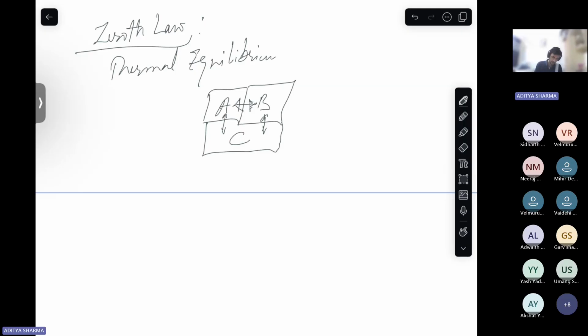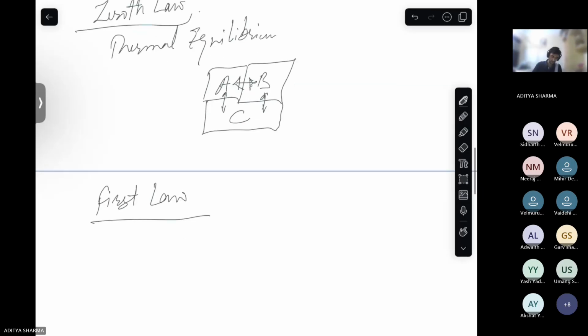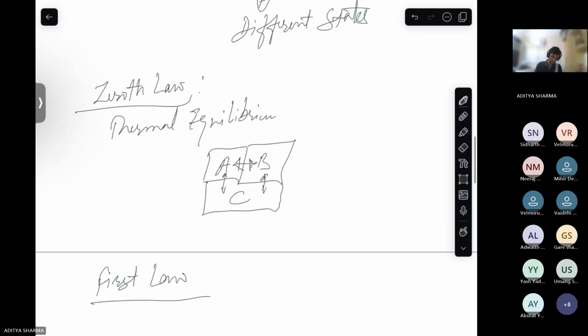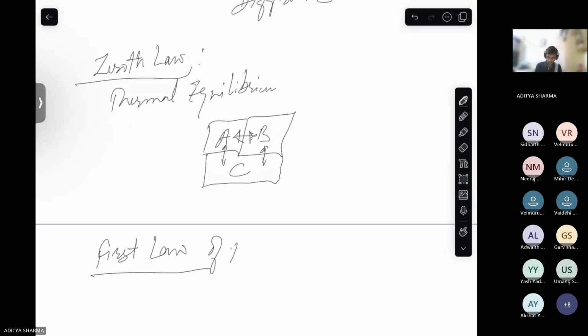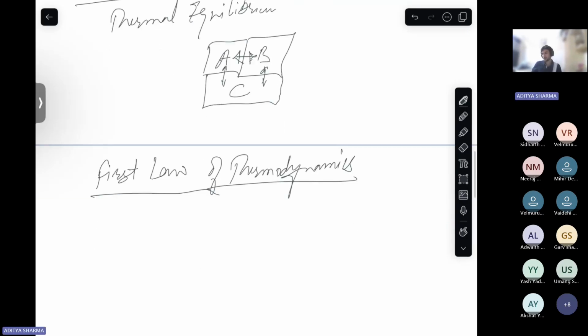Then what is first law? So what is your first law? First law is energy conservation law, nothing more than that, right?